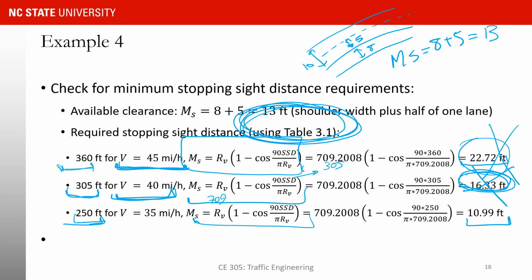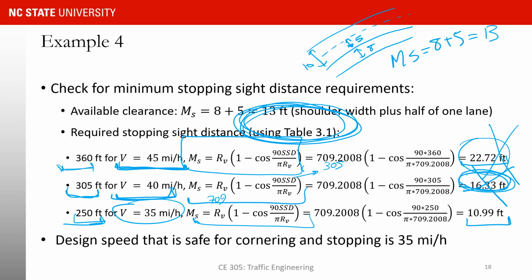So this is less than 13. It means that 35 miles per hour works. If you remember, from vehicle cornering capabilities, we found 45. Here we found 35. So the lowest of the two is going to govern what we can do and what is the fastest speed that we can go there.